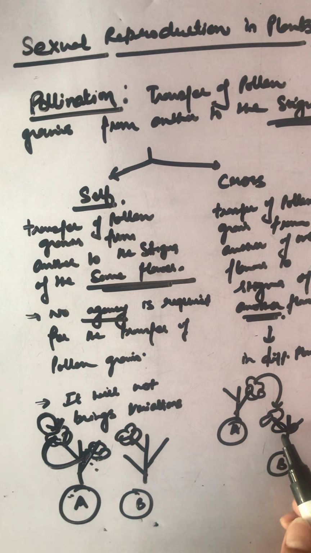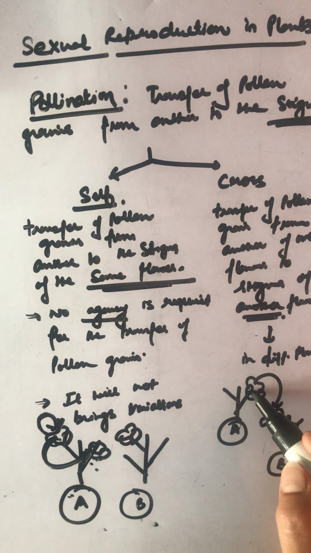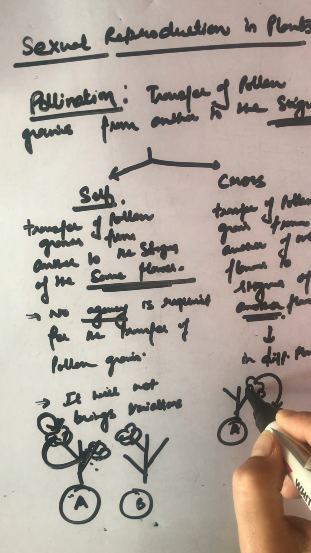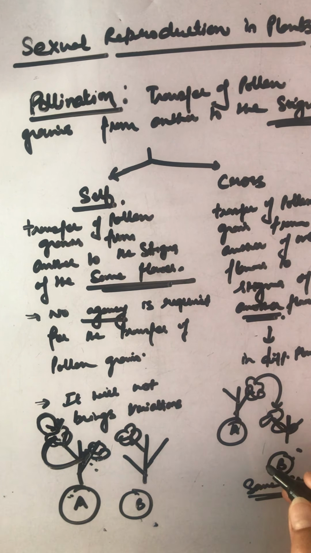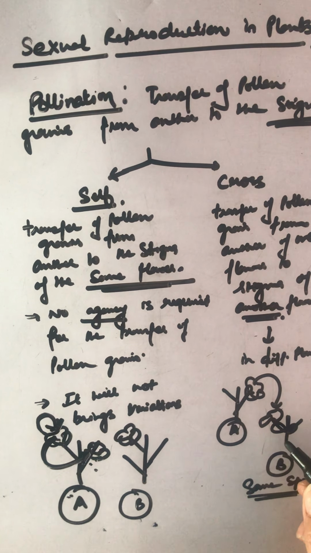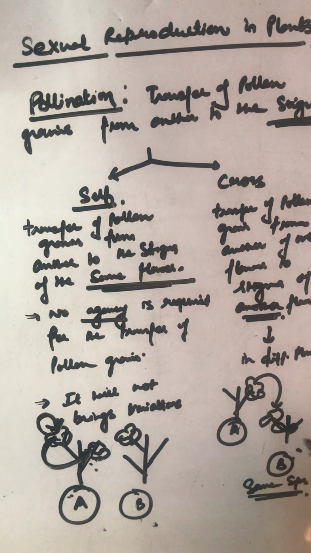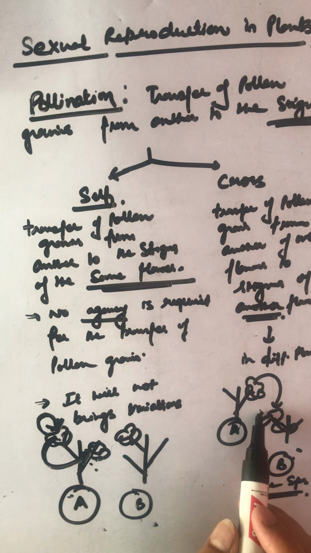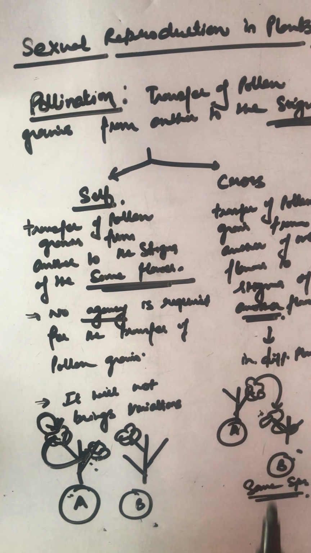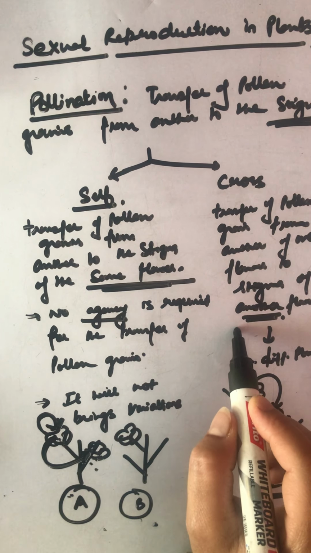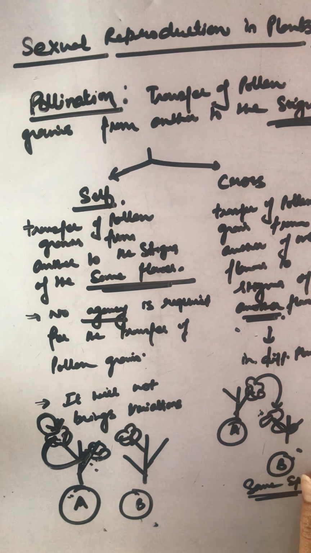Clear? This involves transfer of pollen grains from one flower to another flower, but same species. They can differ in species as well, but we generally say the right type is always accepted in the same species. What do you think about variations? Yes, it will accumulate variations. This one will bring variations, and agency is required here.